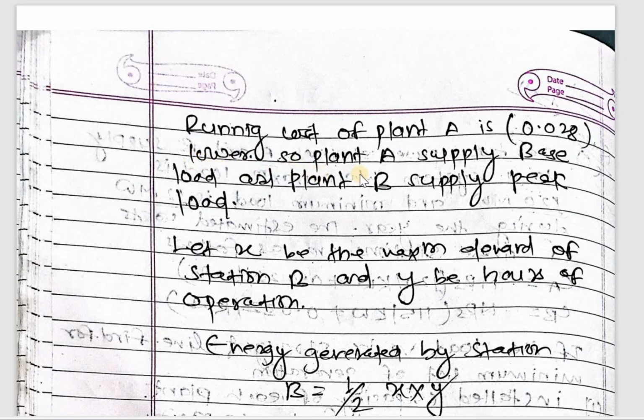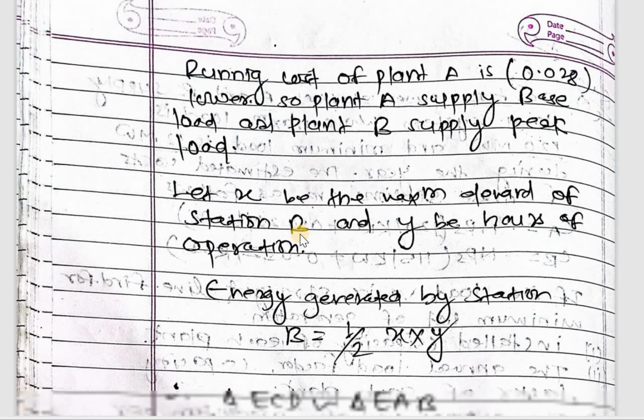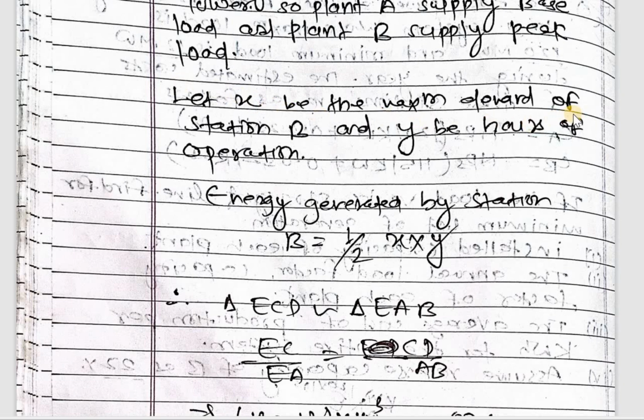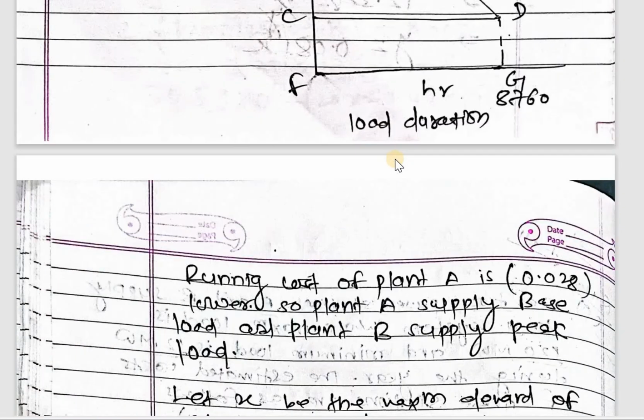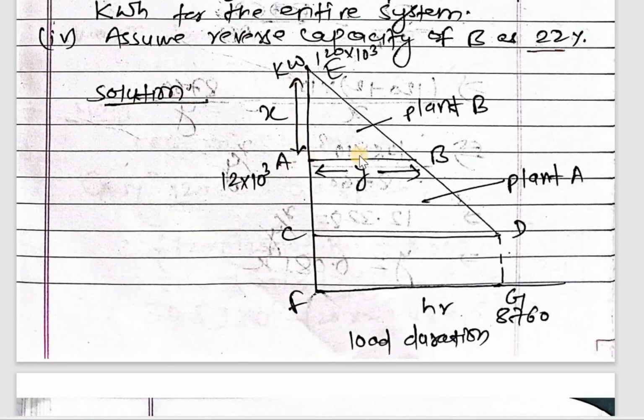So plant A supplies base load and plant B supplies peak load. Let X be the maximum demand of station B and Y be the hours of operation. This is hour and this is load.